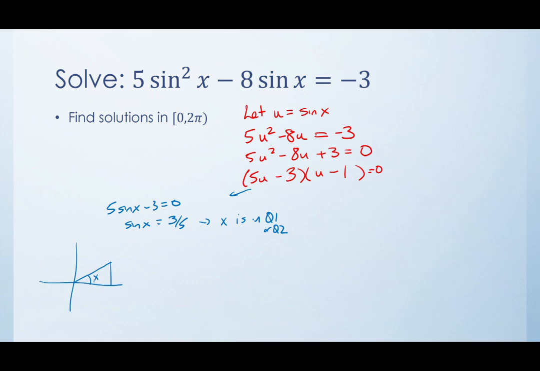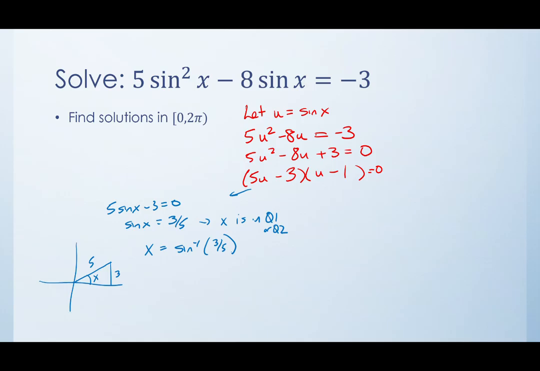Maybe it might be better to call it theta or something, but that's okay. Opposite over hypotenuse, that's fine. So that angle would be inverse sine 3/5. And your calculator can tell you whatever angle that is, but this would be the exact expression for it.